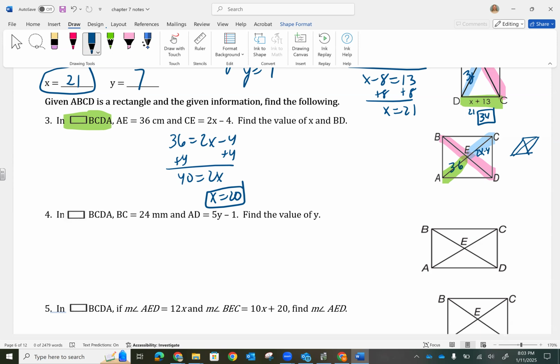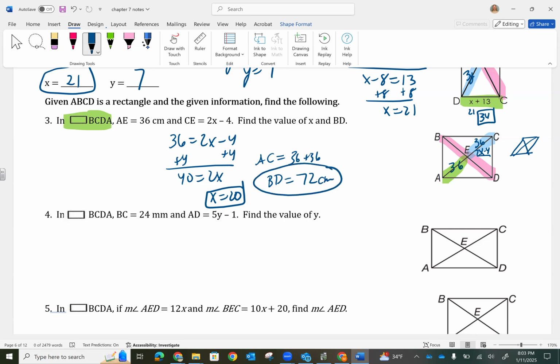So the truth is, if you plug in x is 20, 2 times 20 minus 4, that is going to be 36, which makes sense. The length of the first diagonal from A to C equals 36 plus 36, that's 72. But guess what? That would also be the length from B to D.